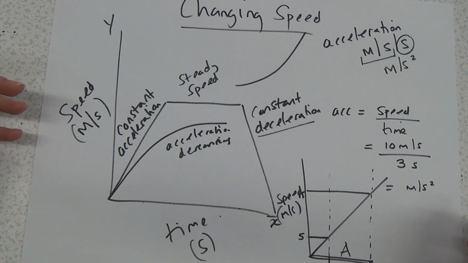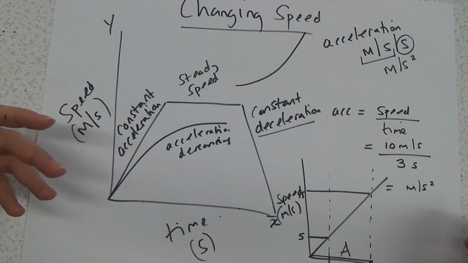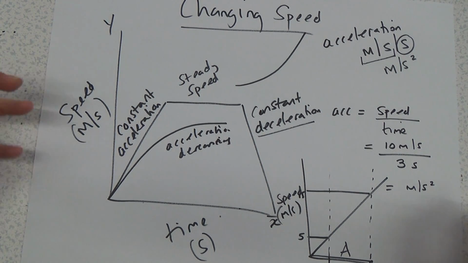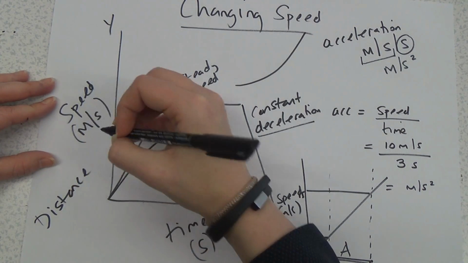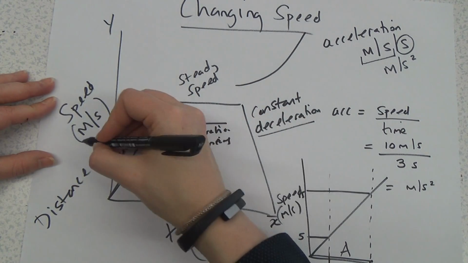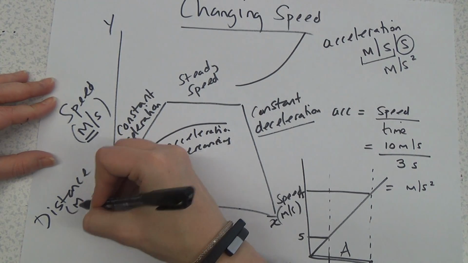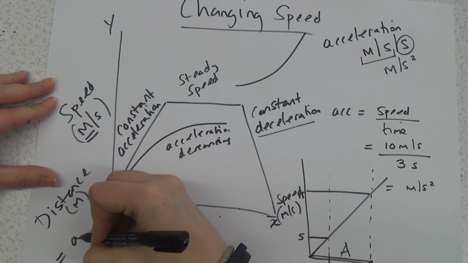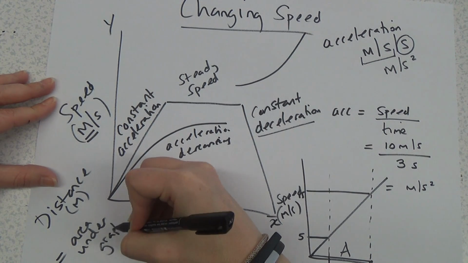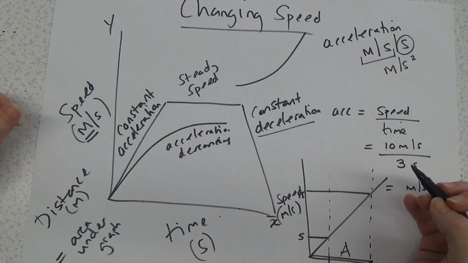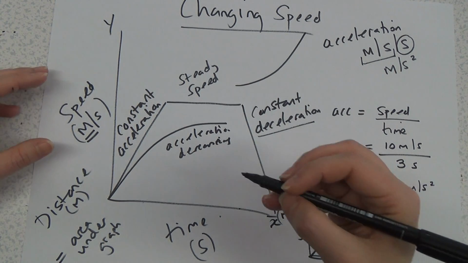Other things you can tell from these graphs are related to distance. You can work out the distance that was travelled, in this case in meters, by looking at the area under the graph. That's no different to how you calculate area underneath a shape, or within a shape, in maths.